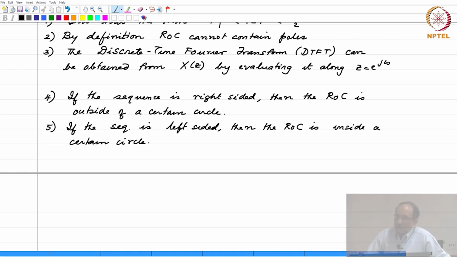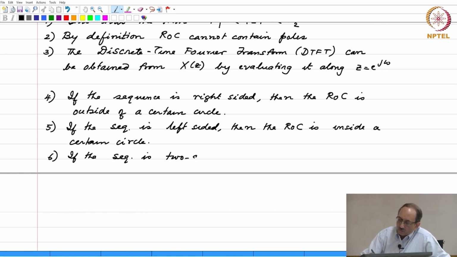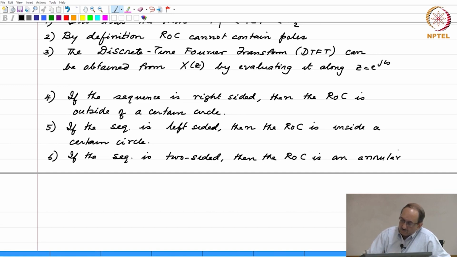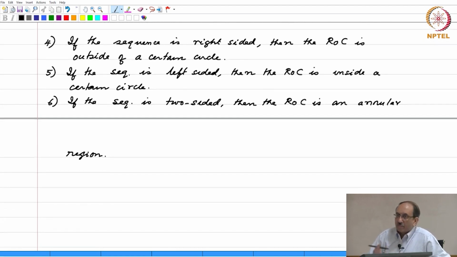What that line is depends upon the function. And if the sequence is two sided, then the RoC is an annular region. By two sided here we mean infinite duration on both sides.